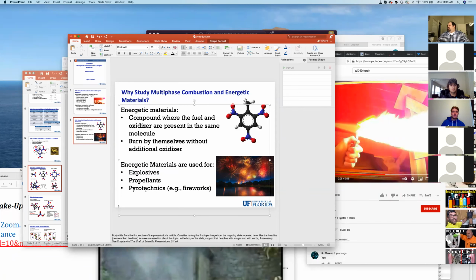Fireworks are an example of an energetic material. The pyrotechnics that you see at a big concert use energetic materials. And there's all sorts of these things. This here was a TNT molecule. That's extremely fuel rich, and we'll discuss that probably on Wednesday.